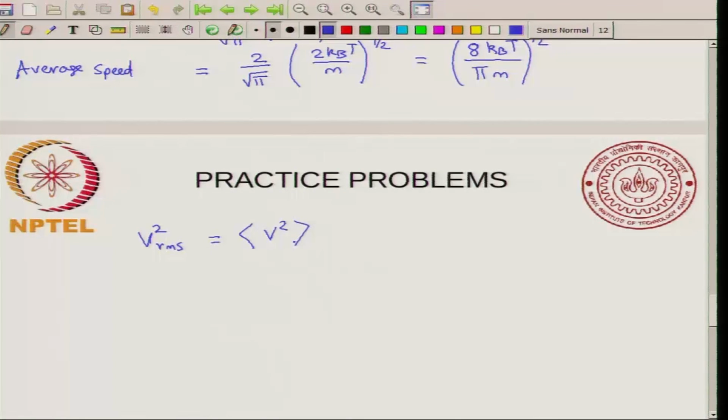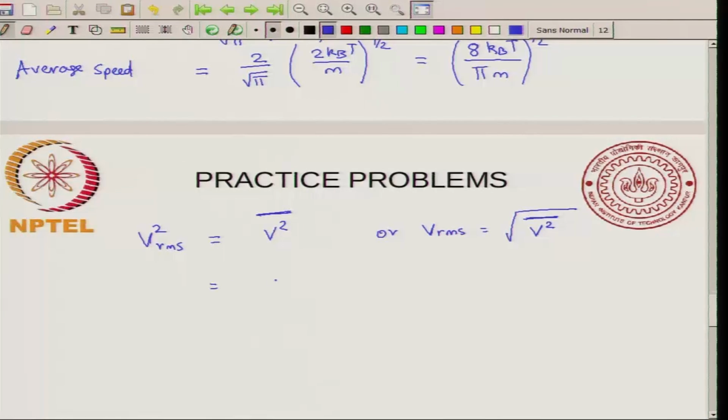I have been using a slightly different notation for average, but I will just stick to our notation. So, it is the average of v square, or you can write v root mean square as the square root of the average of v square. Essentially, what you need to do is calculate the average of v square.